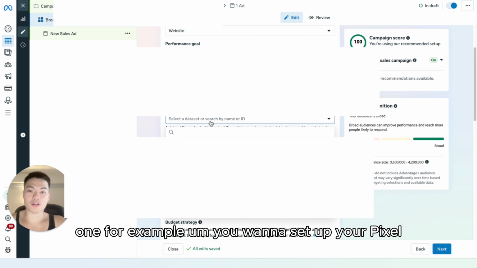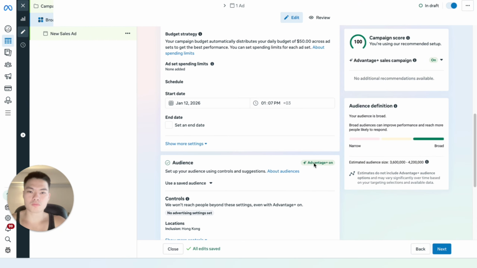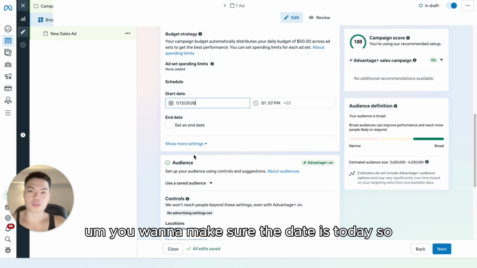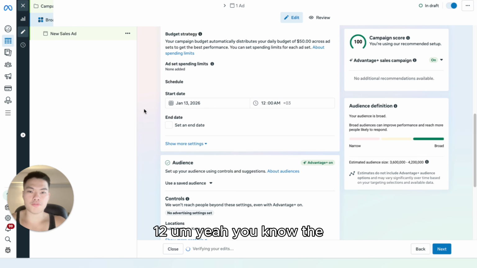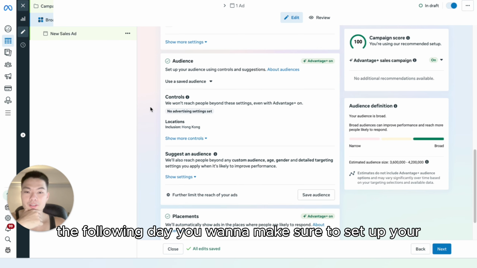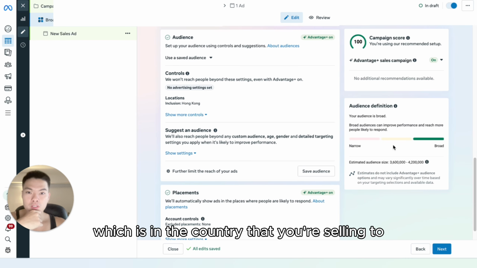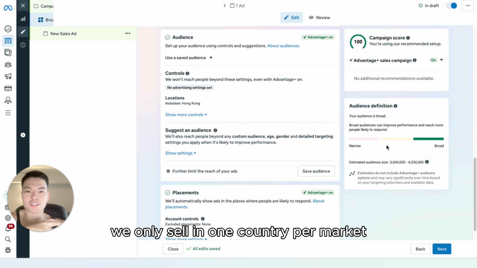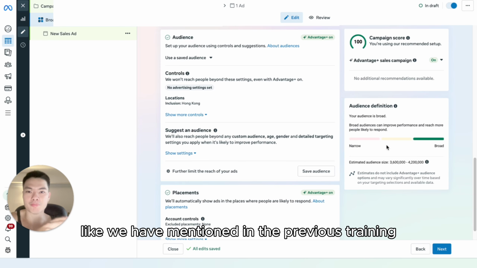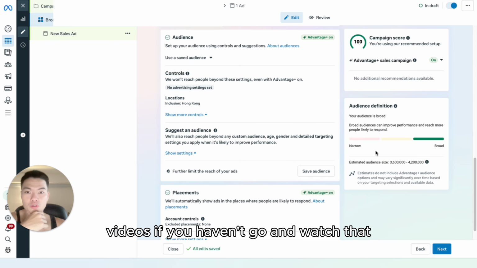You want to set up your pixel. You want to make sure the date is today, so 12, and that you set it up for the following day. The country should be the country they are selling to. For this particular strategy, we only sell in one country per market, like we have mentioned in the previous training videos. If you haven't, go and watch that.